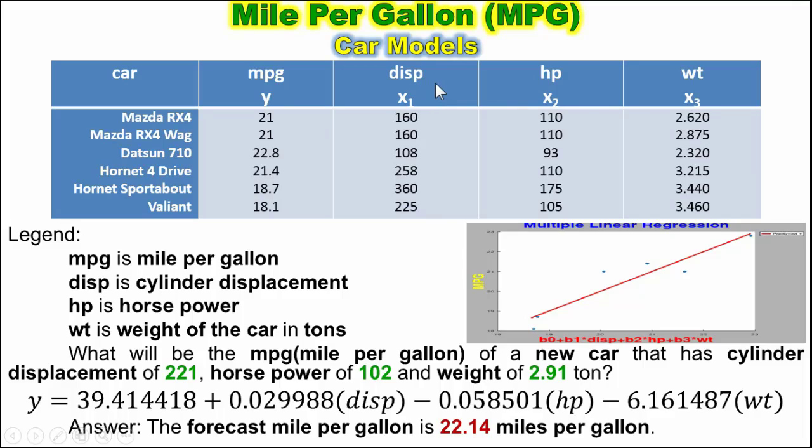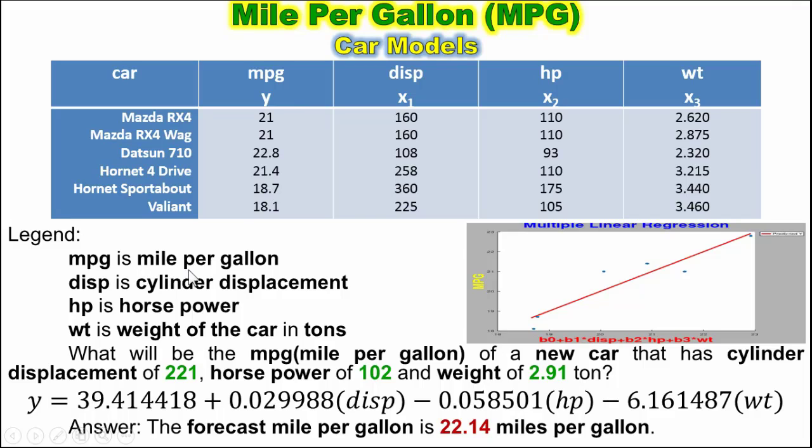The cylinder displacement, horsepower, and weight are the multiple independent variables or predictors, while the mile per gallon MPG is the dependent variable or response variable or outcome variable y.